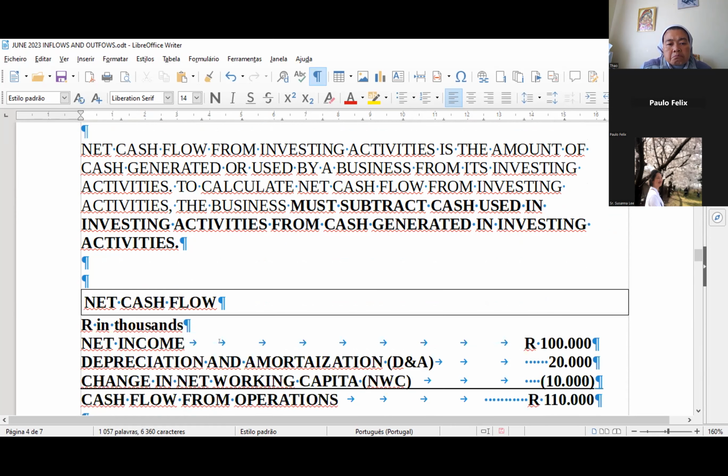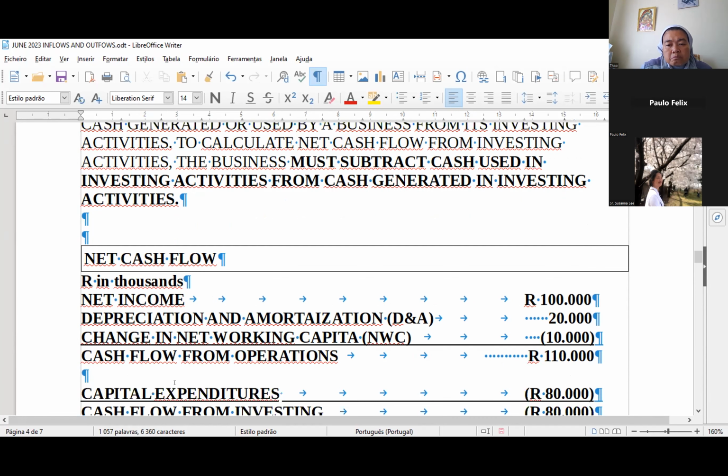So now we have here an example of a net cash flow. It runs in thousands. For example, you had a net income of 100,000, and you had depreciation and amortization of 20,000, so it comes to 120, and you had an expense in net working capital of 10,000.